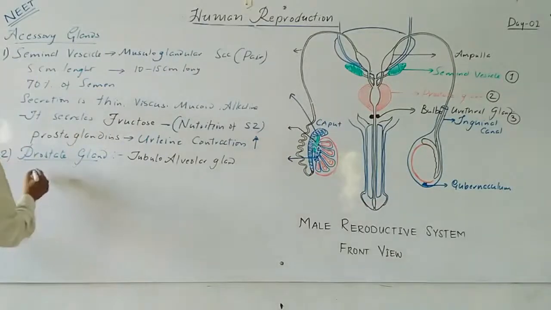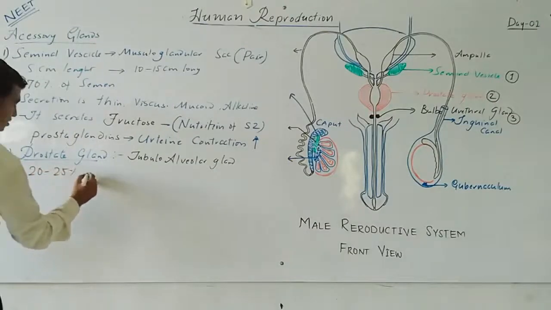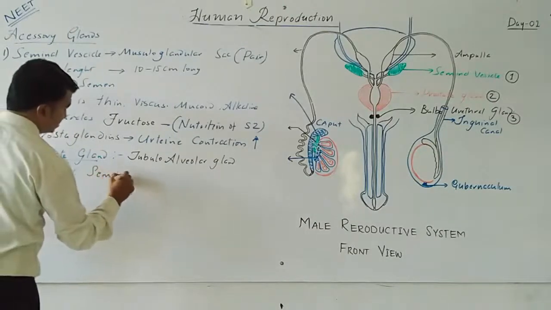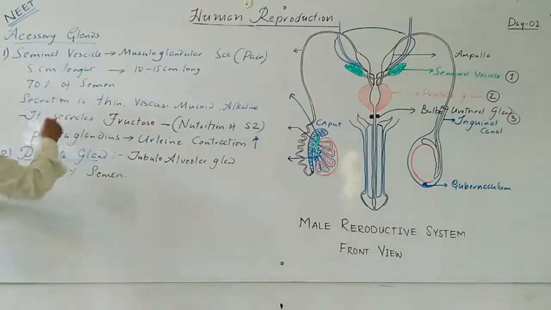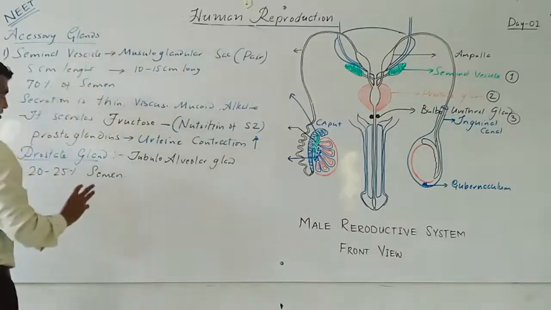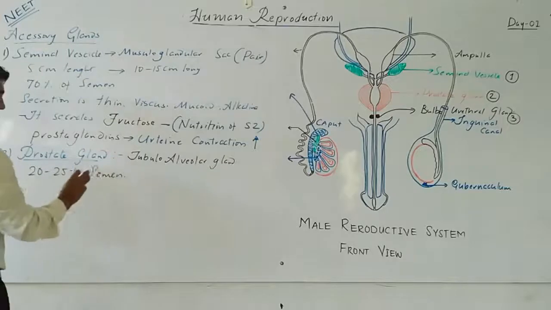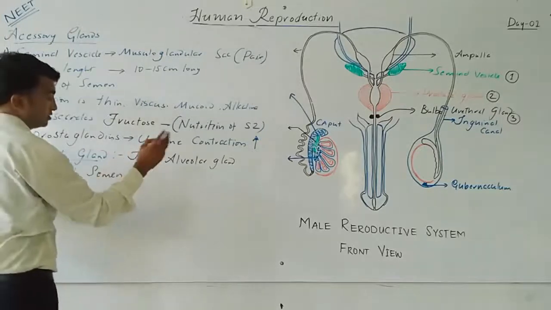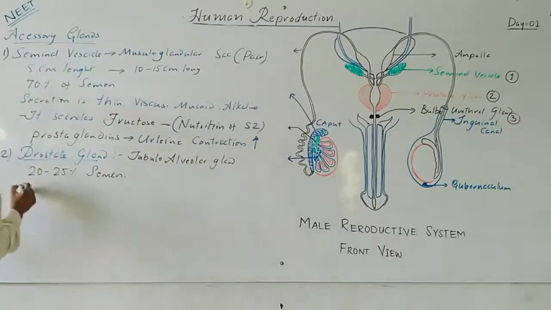This will produce 20 to 25% of the semen. 70% of the semen comes from the seminal fluid, and 20 to 25%, almost up to 30%, comes from the secretion of the prostate gland.